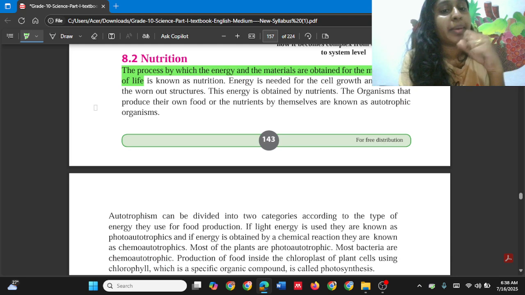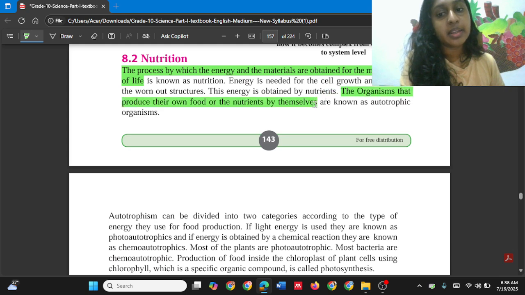If we produce energy inside ourselves, nutrition is the process of obtaining the materials we need. Energy is needed for cell growth and to repair worn out structures. This energy is obtained by nutrients. The organisms that produce their own food or nutrients by themselves are known as what?